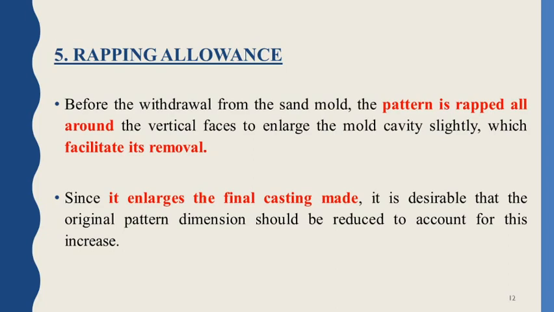If you do not provide this wrapping allowance, even if you use a pattern of exact size, the mold cavity will try to enlarge during wrapping and we will have a bigger casting, which again will require further machining. So it is not that economic. So we provide the wrapping allowance so that we have a very good casting of close dimensional tolerance.